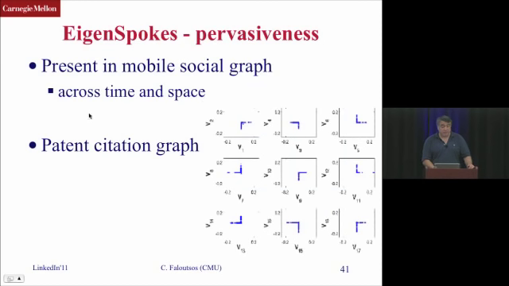The same phenomenon was happening with almost every other eigenvector we tried: first versus second, third versus fourth, fifth versus sixth, first versus ninth. It didn't matter; almost all of them had this spoke pattern. The pattern persisted across time: phone calls for the month of June gave eigenspokes, and the month of July gave similar eigenspokes, not identical, but similar.